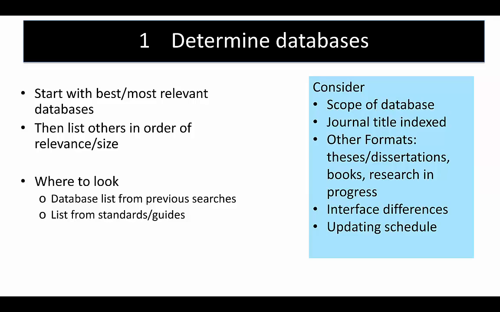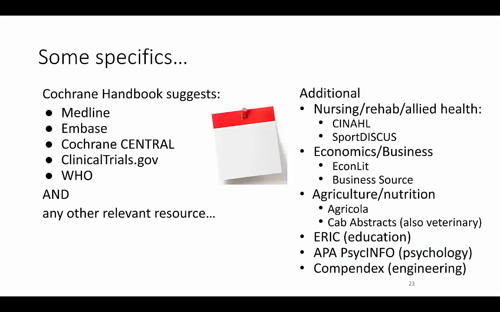Then think about the scope of the database. Does it include gray literature? Does it search conference papers? And think about differences in the interface: do I want to search this in EBSCO or in Ovid, if you have options?